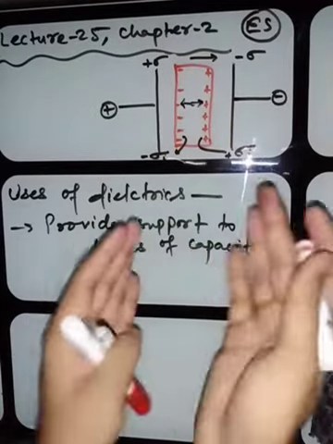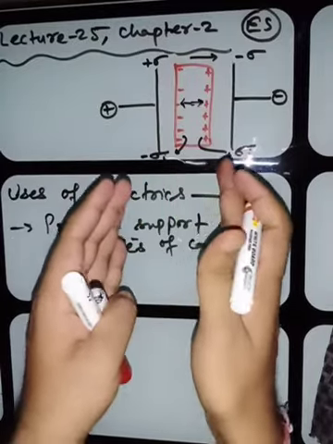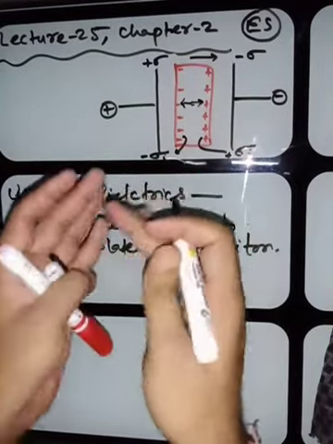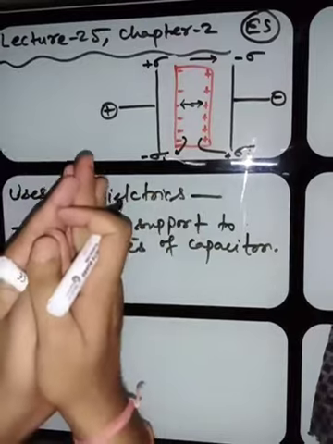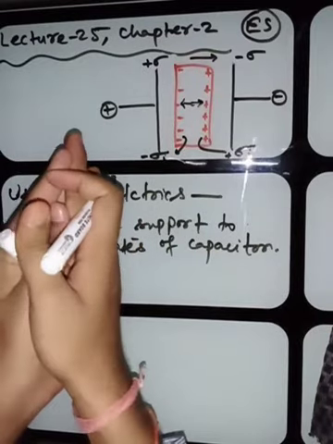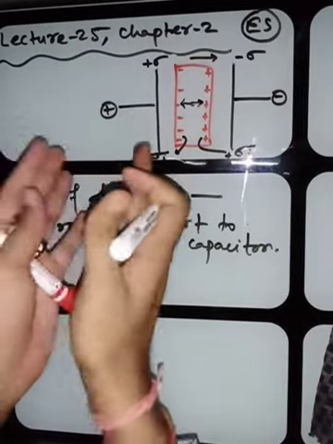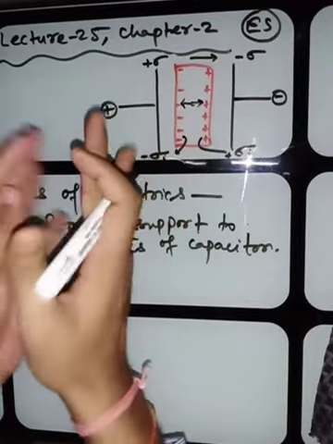If you do not insert a dielectric between the plates of the capacitor, both the plates will stick, and the net charge will be zero. There will be no electric field between the plates, and no capacitance can be considered.